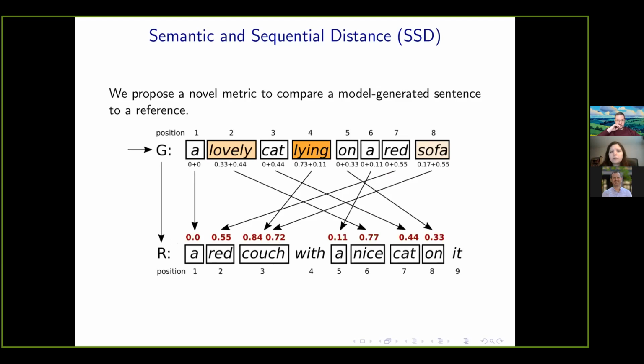So the lower, the better for us. And we do it from both directions and we take the average value to see how aligned the generated sentence is to the reference sentence in terms of both semantics and sequence. And we wanted to have this because we are interested in gaze and language alignment, but also in how we generate things. It's also important to see how aligned they are in what we're looking for.